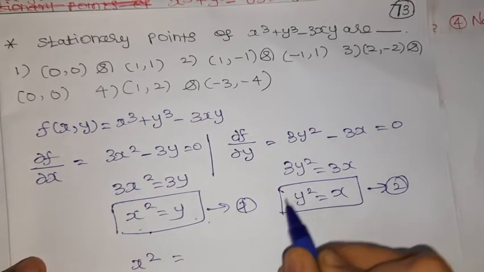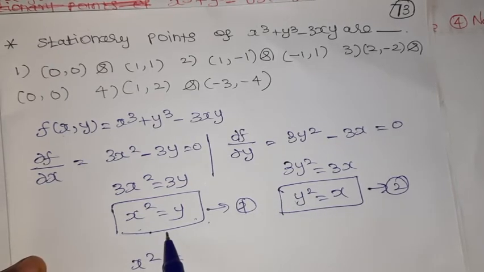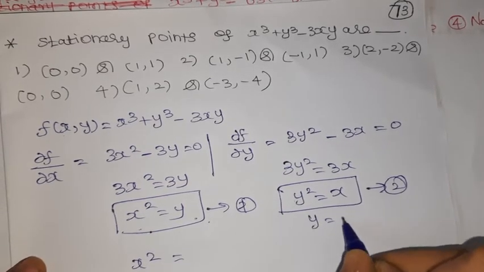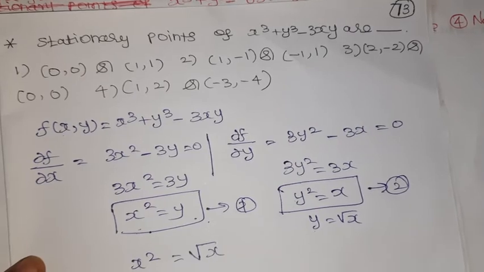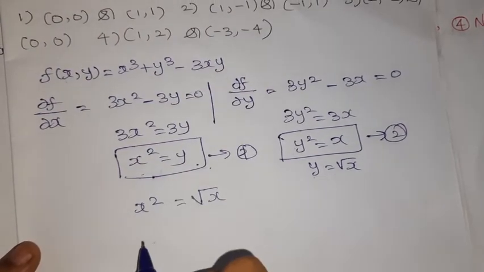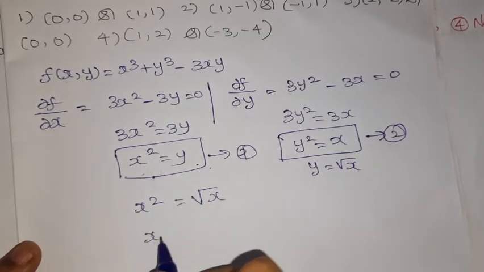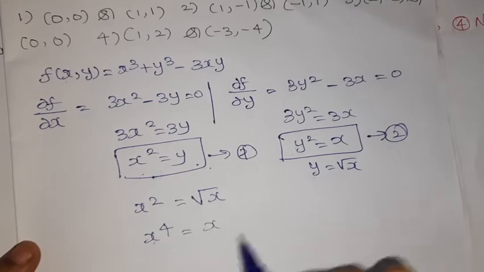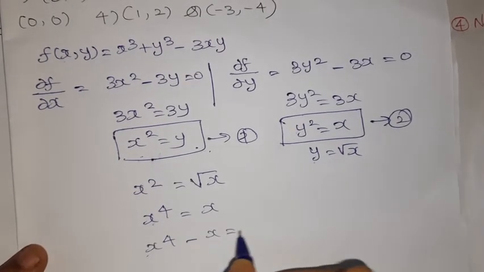Substituting this value in equation 1: y equals square root of x, and x squared equals y, so x squared equals square root of x. Then, squaring on both sides, we get x power 4 equals x, nothing but x power 4 minus x equals 0.